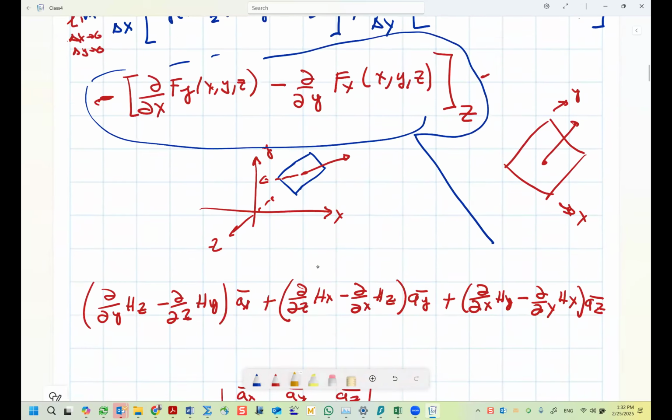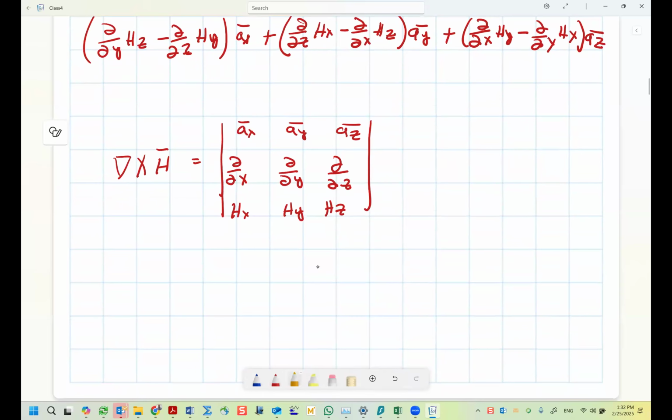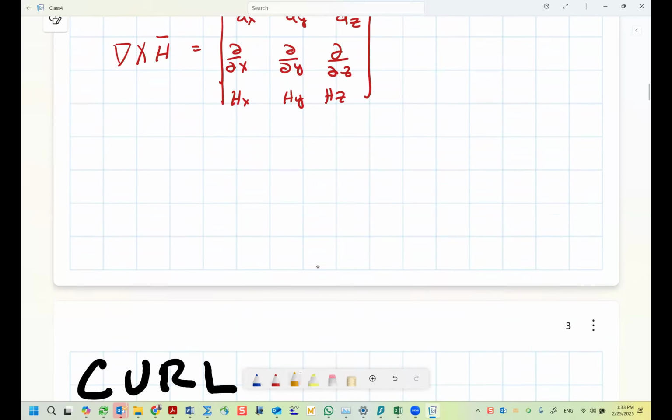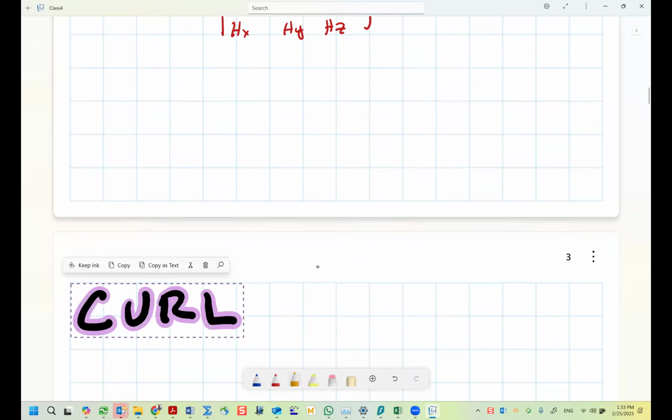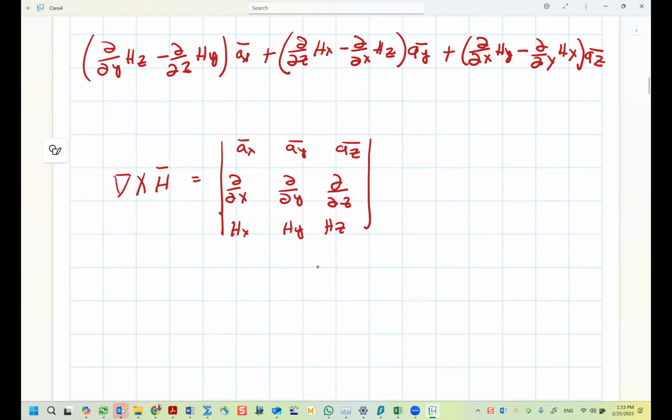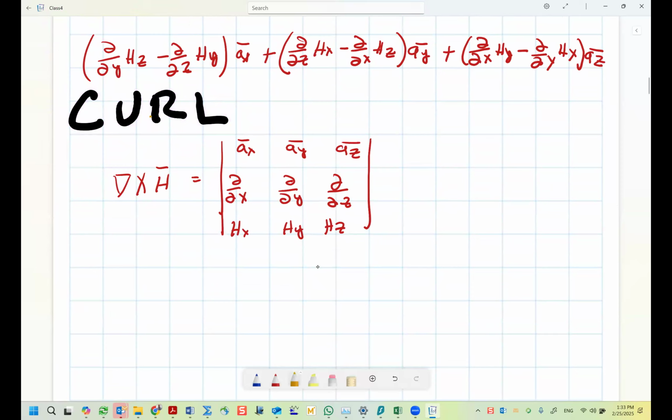Okay. All right. So this is how we represent this, right? Now, this guy, I am gonna move it up because that's what it is called, the curl. That's the curl.